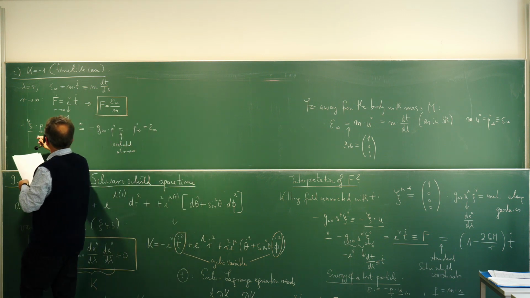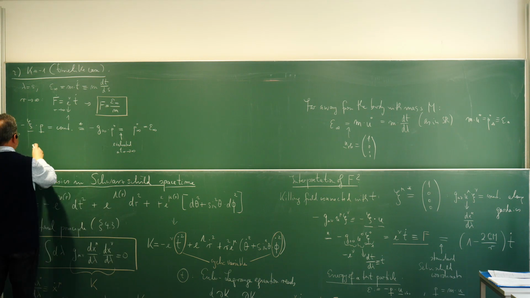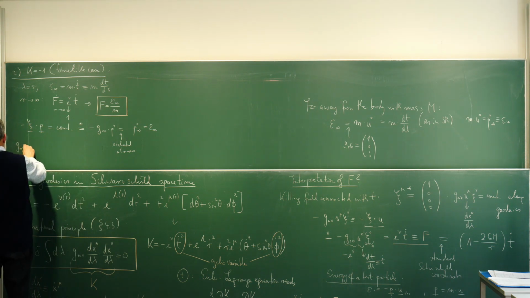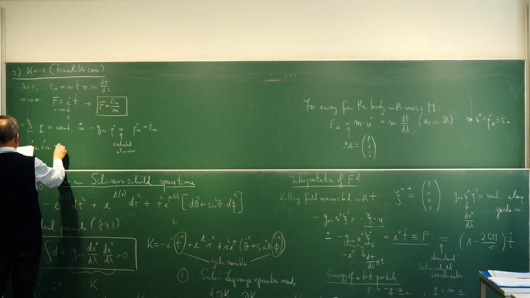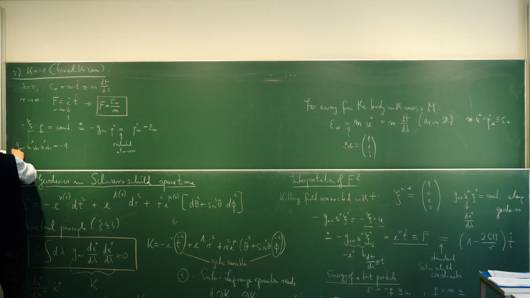So we also have for the observer that g mu nu, u mu observer, u nu observer is -1. Now this here is minus e to the nu.